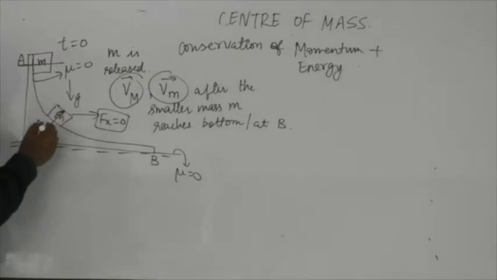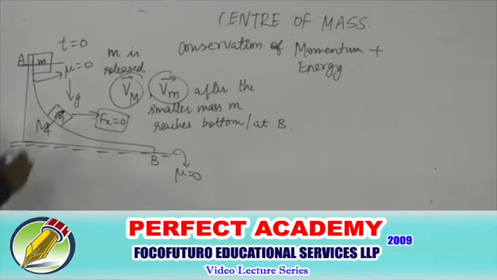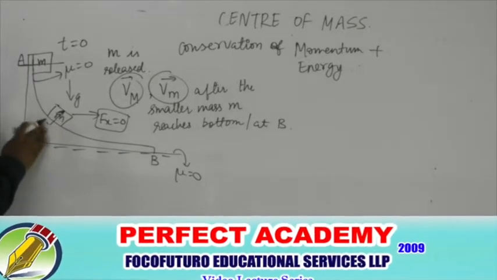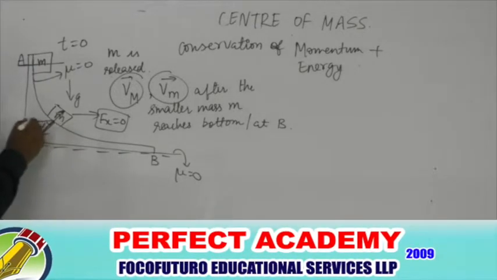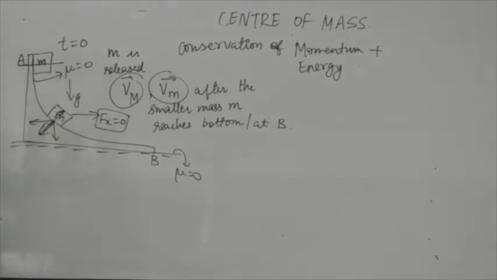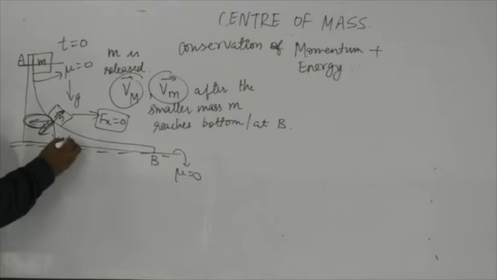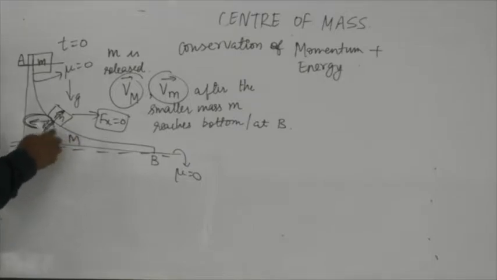Components of this normal will push the wedge backwards while the mass is going downwards. So because of this component of normal, this wedge will go backwards.